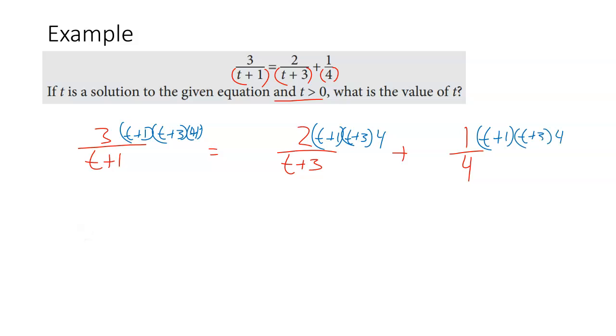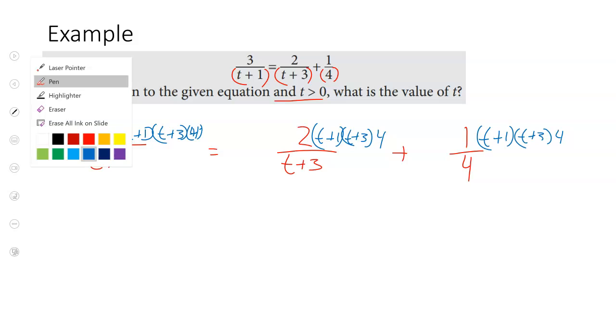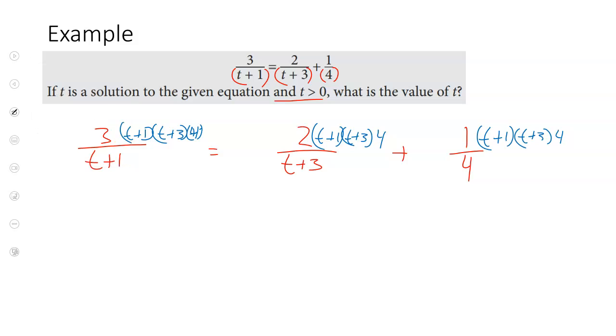So when I work at this first term, and I see I have all these factors, what's going to simplify with my denominator? t plus 1. So that leaves me with 3 times 4, which is 12, times t plus 3. Okay? 3 times 4 is 12, and then I'm left with the t plus 3. I'll distribute that again in a minute, but I don't want to do too many steps at once.